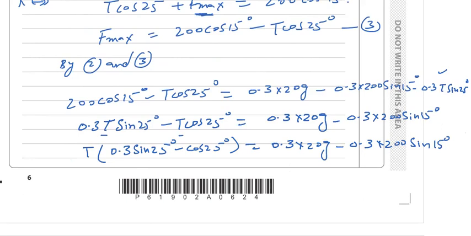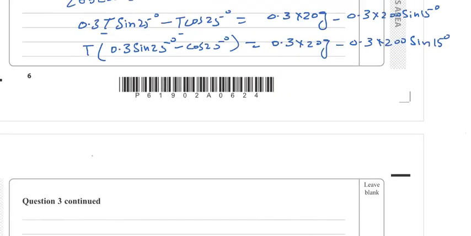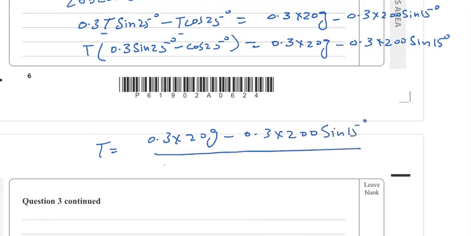Finally, I will have the value of T. T will be equal to 0.3 into 20G minus 0.3 into 200 sine of 15 over 0.3 sine 25 minus cos of 25.